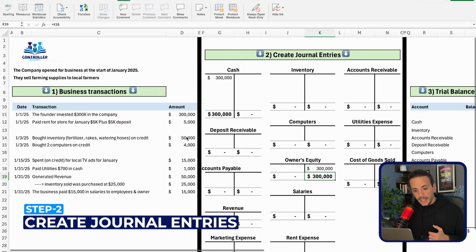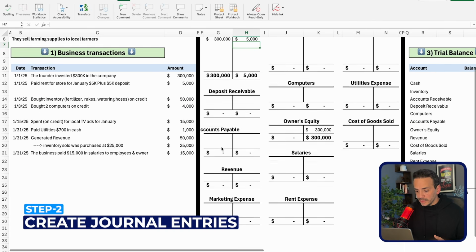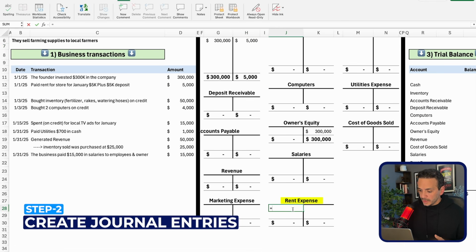The second one: we paid rent for the store for January, $5,000, plus $5,000 in deposit. That's typical. When you pay rent at the beginning of the lease, you pay a 1-month deposit. For the rent, we credit cash because cash went out the door for $5,000, and our debit is to rent expense, so debit rent expense for $5,000.